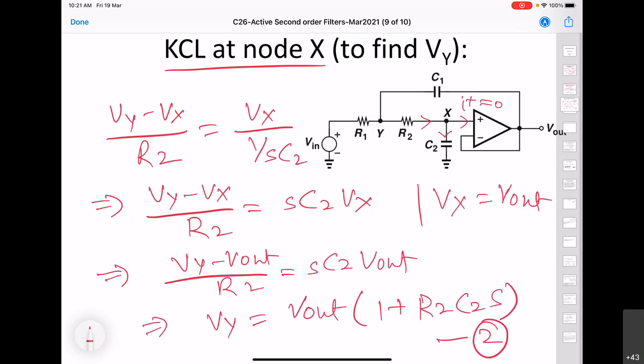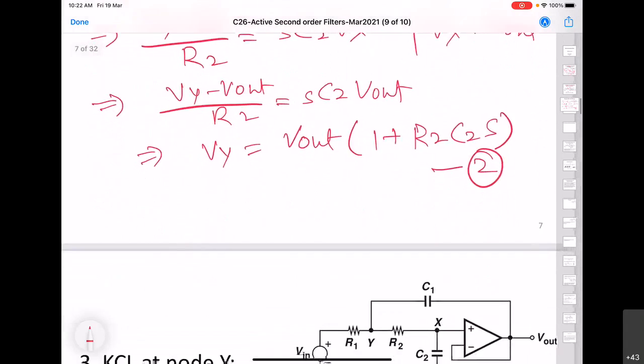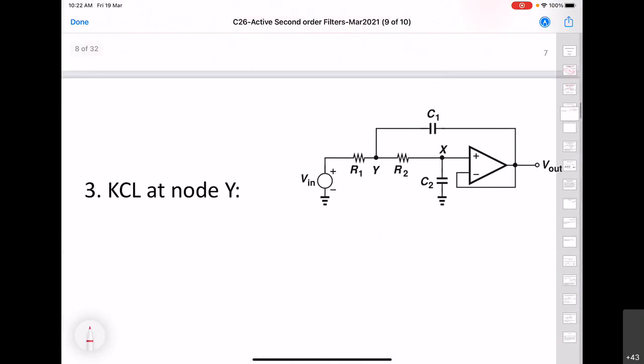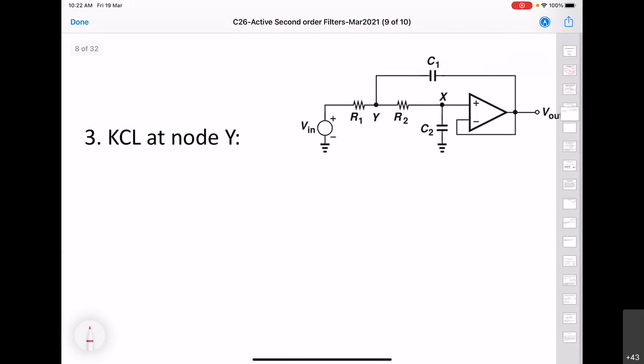So now we know the value of node X voltage and node Y voltage. These two quantities are known to us now. So we have to finally find the relation between output and input.